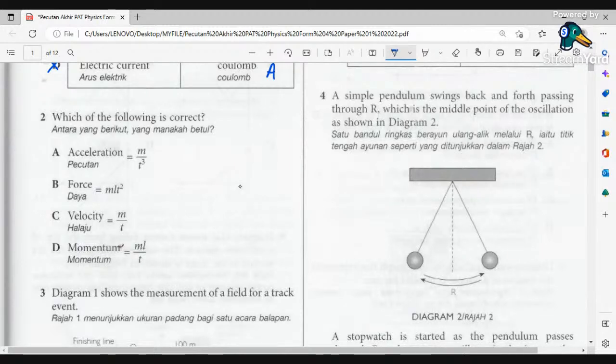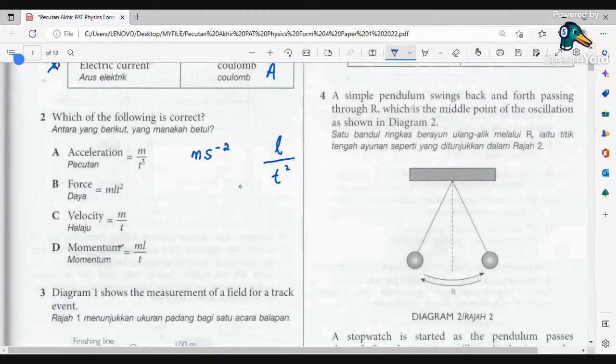So which one is correct? Acceleration, as we know, the unit should be meter second negative 2, so it's a combination of L divided by T squared. So this is not the answer, number 1.